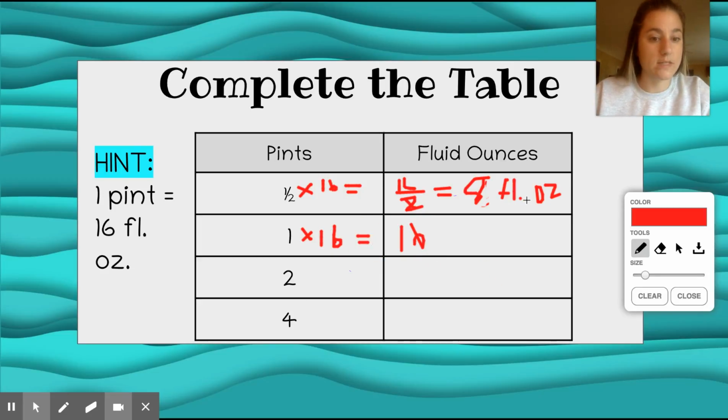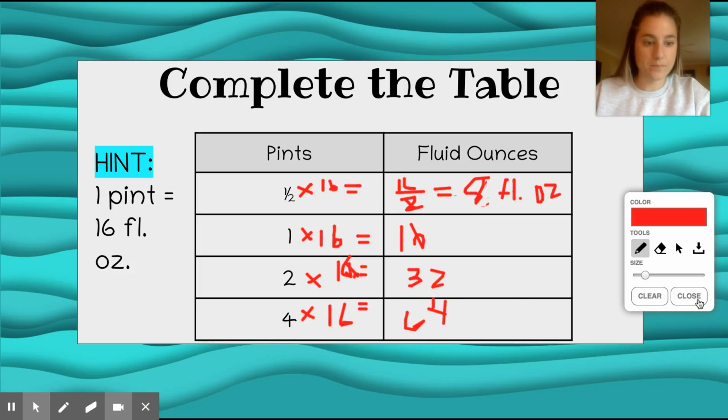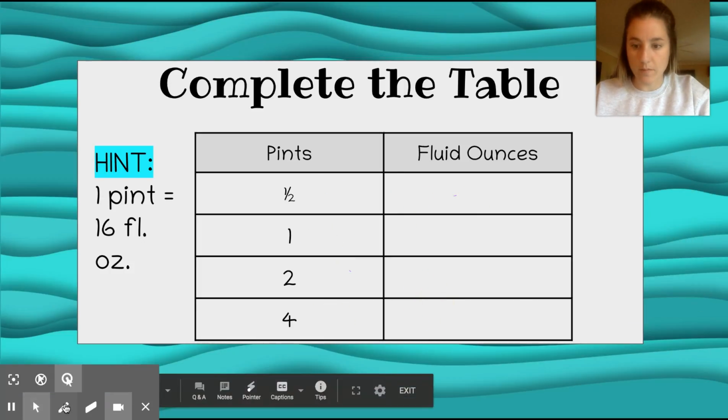And so I don't waste time, I won't write fluid ounces every time, but you should. 2 times 16, do it with me, is 32 fluid ounces. And be careful, this is 4 times 16, not 3, which is 64 fluid ounces. Okay, there we go. Alrighty, moving on.